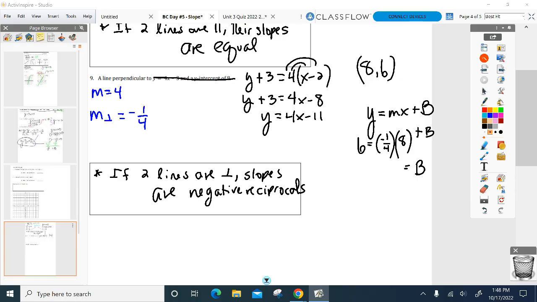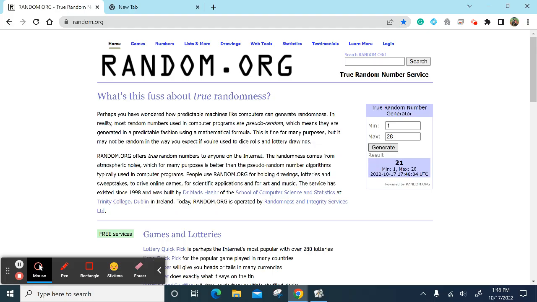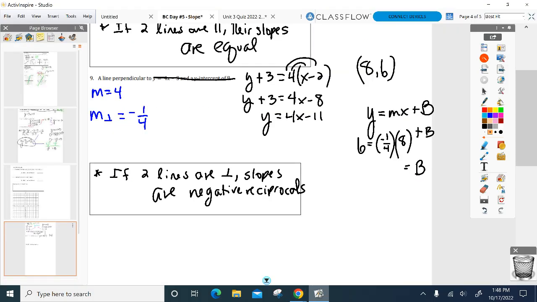B value when you get it. What are you getting with 8 times negative 1/4? No autocorrect on the calculators, huh? Like your phones.